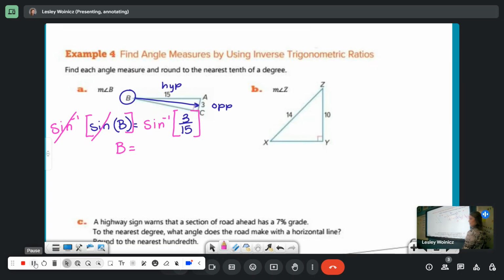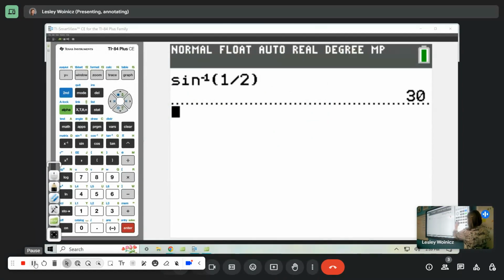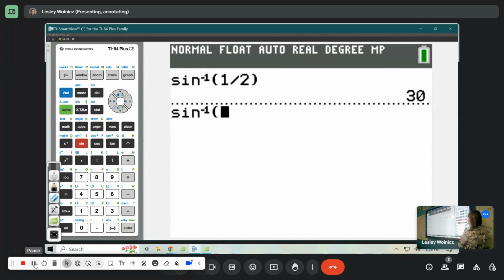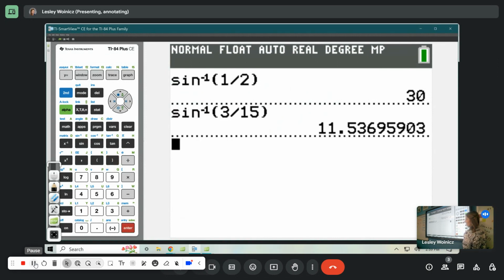And this is what I put in the calculator. Make sure you're in degrees. So I'm doing inverse sine. What was it, 3/15? And I get 11 point, does it say hundredth? Nearest tenth, so 11.5 degrees.